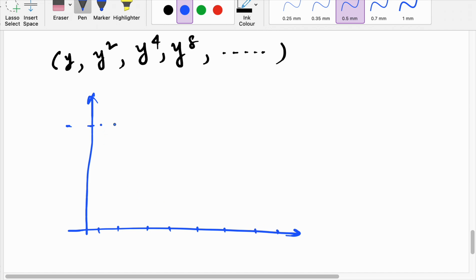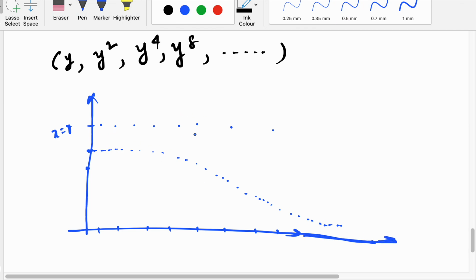You'll find that x equal to 1 remains 1 everywhere, but for y, you will see that the iterates start falling away, because it's y squared, y to the power 4, so it approaches 0 like this.